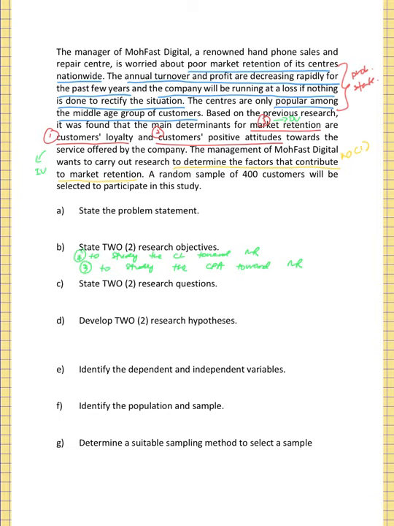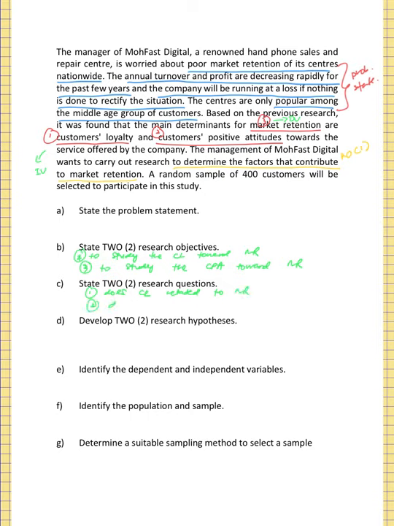Okay, C. State the 2 research question. So research question must relate to your research objective. Okay, so kalau research question awak kena construct soalan lah daripada objektif tu. Okay, apa soalan yang kita boleh develop daripada objektif kita? Okay, saya ambil contoh satu research objektif dia, does customer loyalty related to market retention?